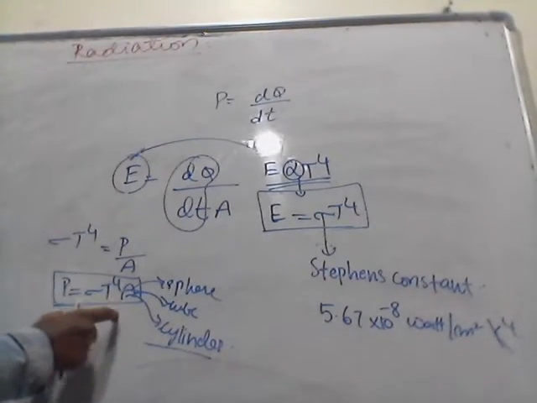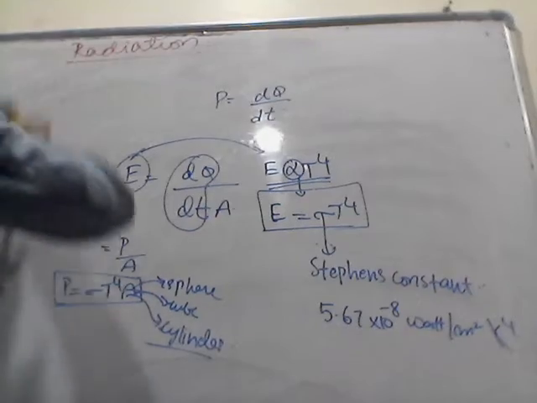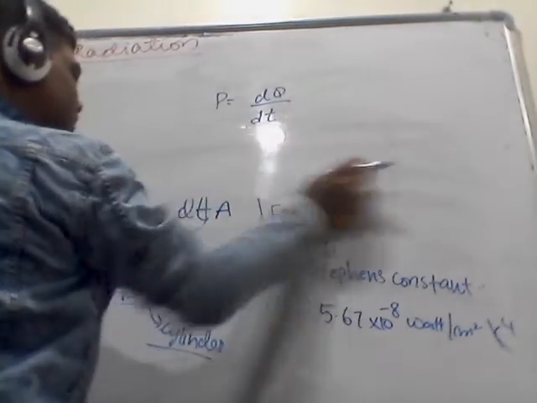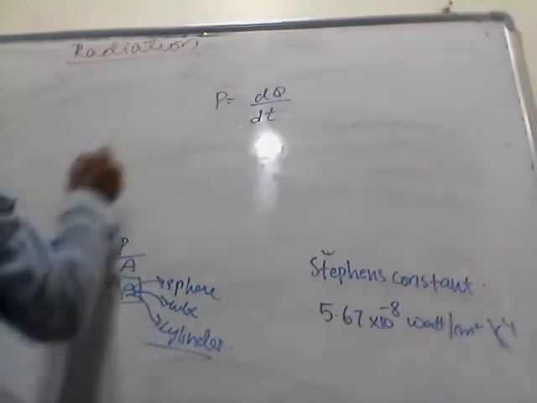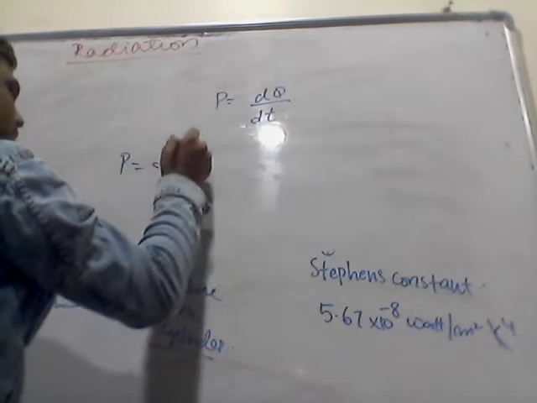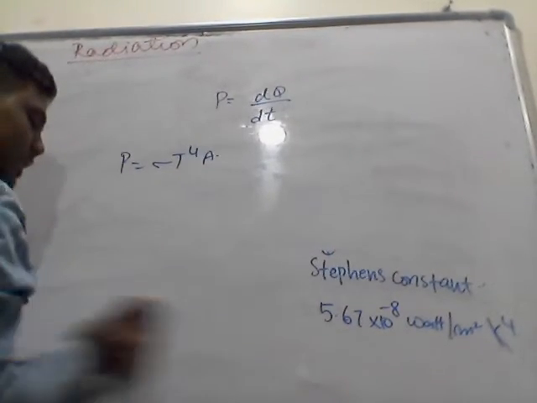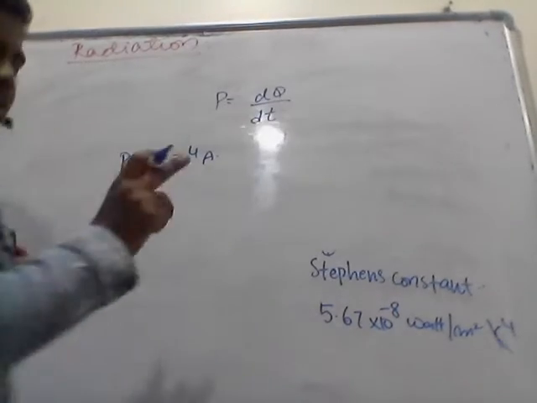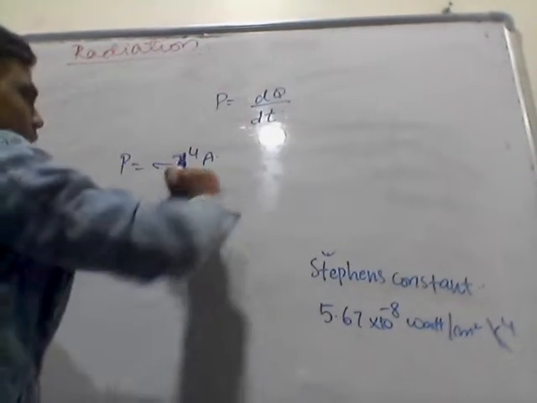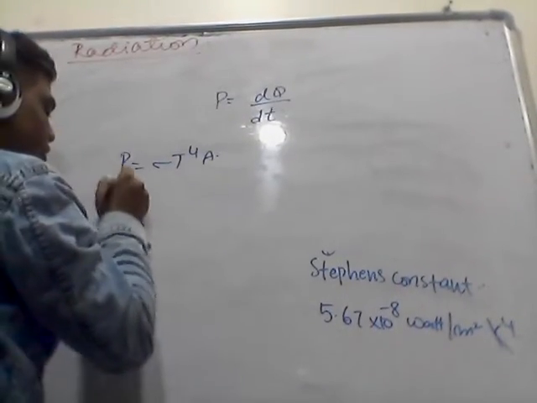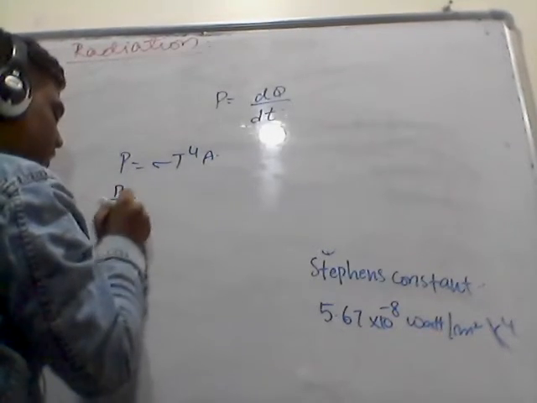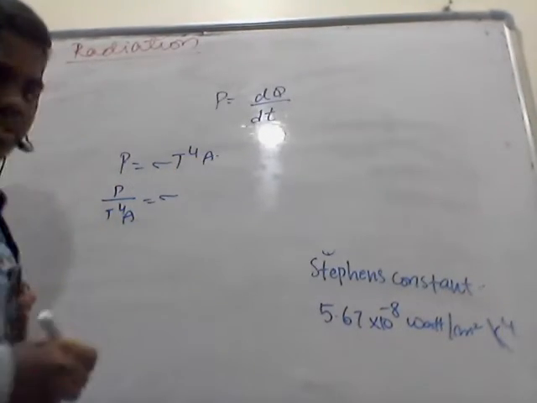I am taking this equation here. So P is equal to sigma T power 4 into area. Now I wanted the units for sigma. Keep sigma here, transpose everything to that side. So you get P by T power 4 area is equal to sigma.